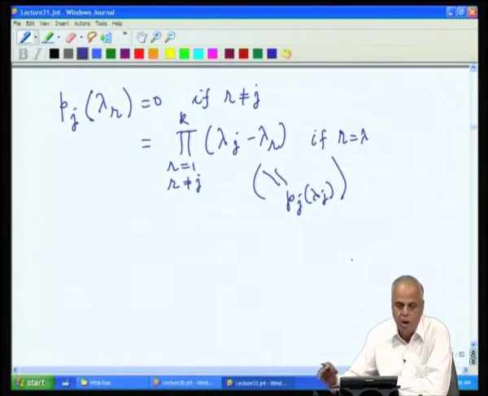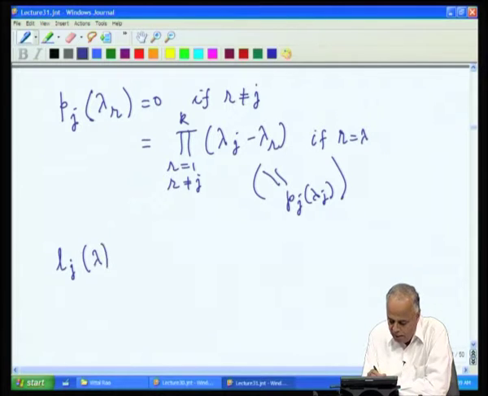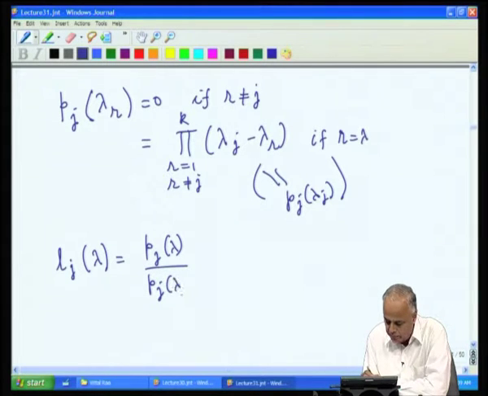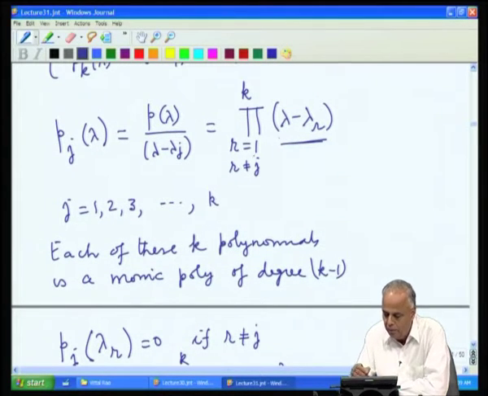Now, we normalize these polynomials. Suppose I define L j lambda to be p j lambda by p j lambda j. What is this polynomial? P j lambda is this polynomial except the jth term.